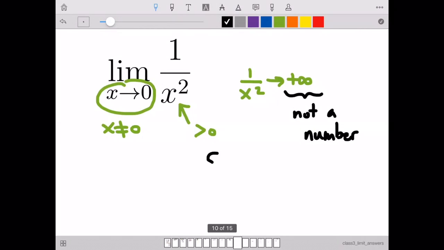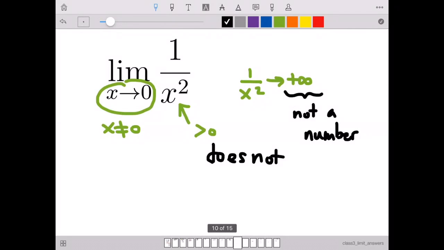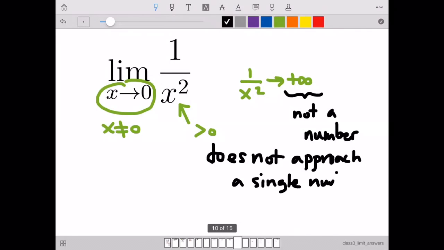It does not approach a single number. Infinity is an expression that says it is getting bigger and bigger.